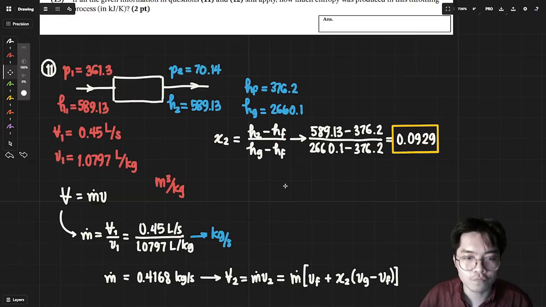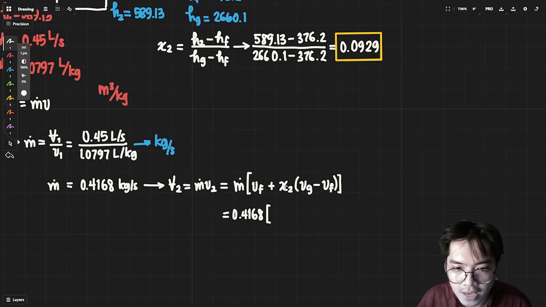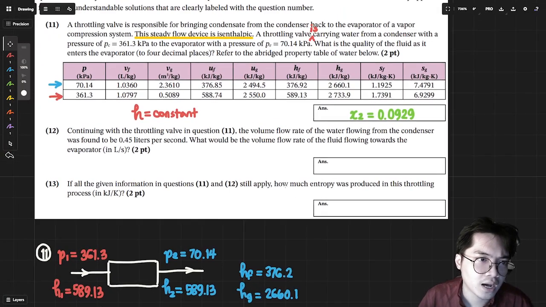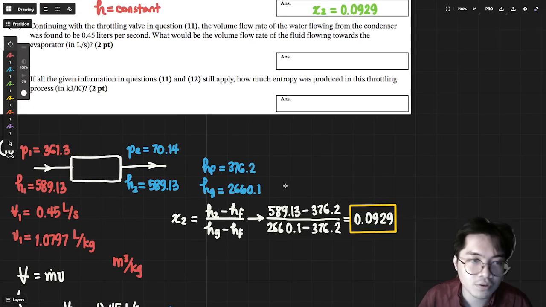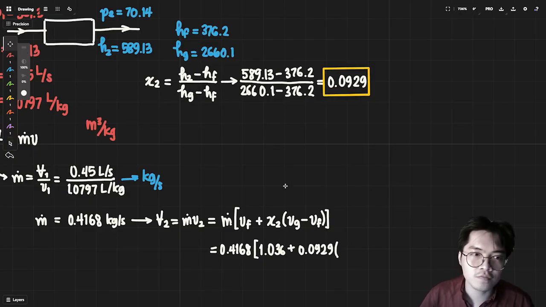So VF is going to be 0.4168 is our M dot. VF is 1.036, plus X2 is going to be 0.0929 times VG.